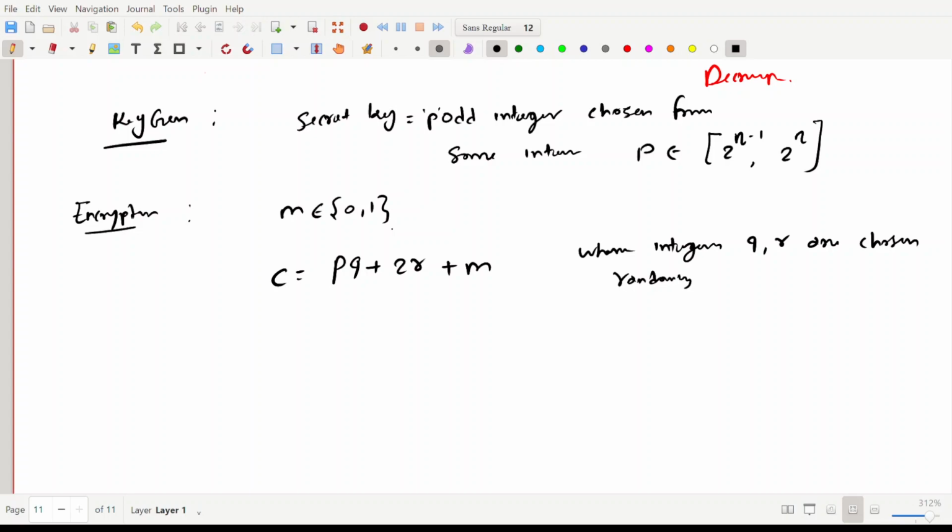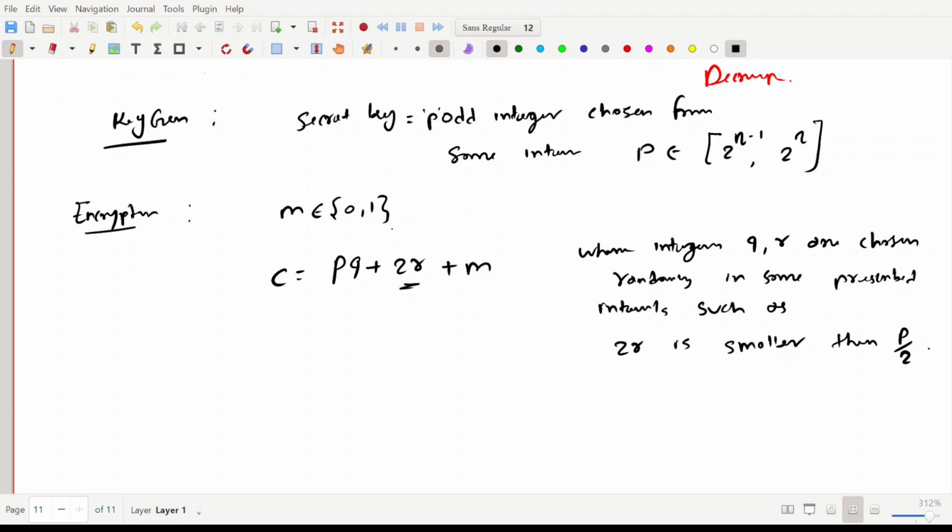Okay, again in some prescribed intervals, such as your 2R. 2R is smaller than P by 2.